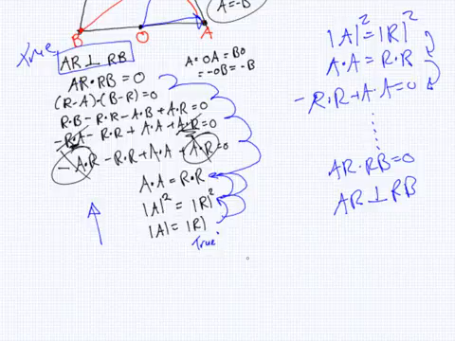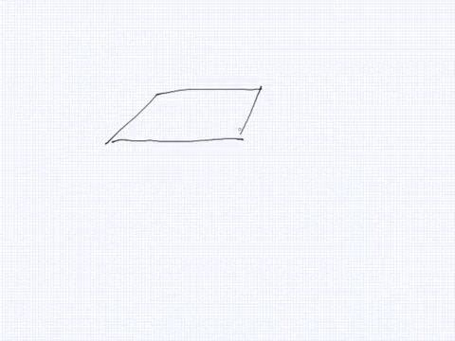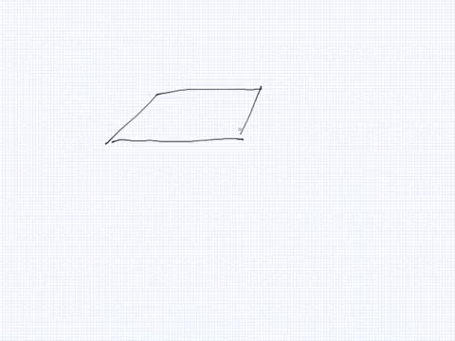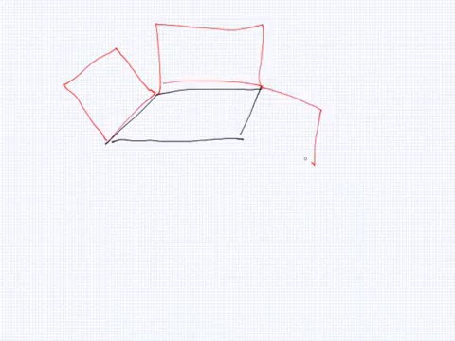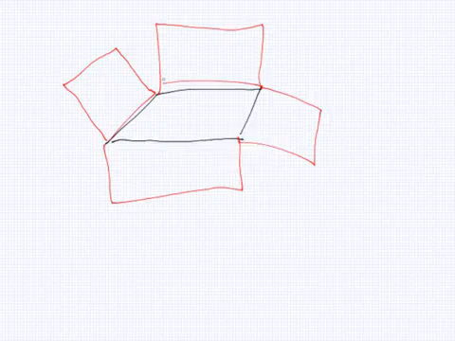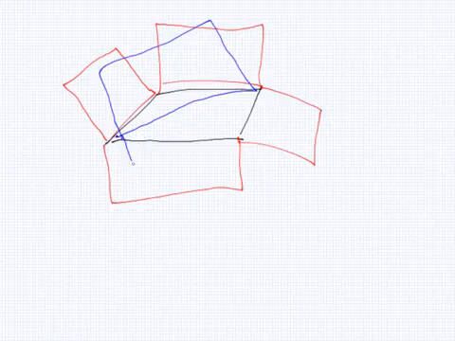In number 11, what you're trying to prove is that when you have a parallelogram, if you take the 4 squares on the 4 sides, the area of these 4 squares is the same as the area of the square on the diagonal here and the area of the square on the other diagonal.